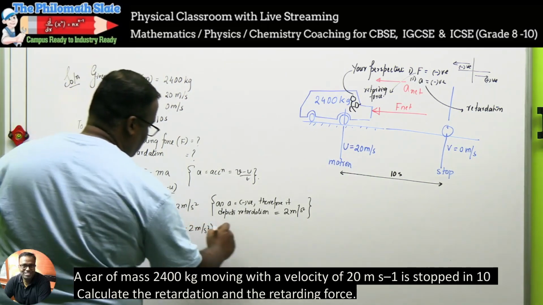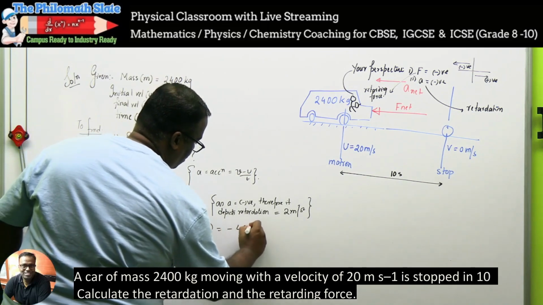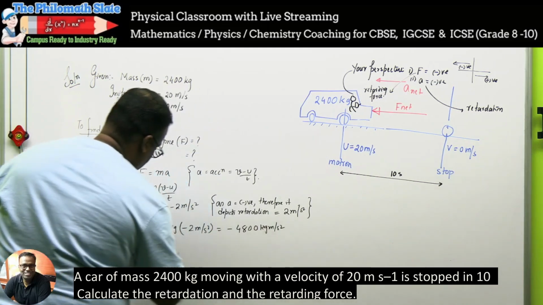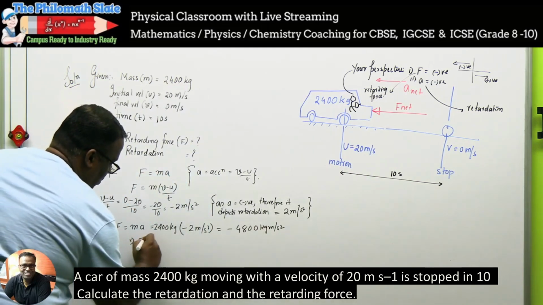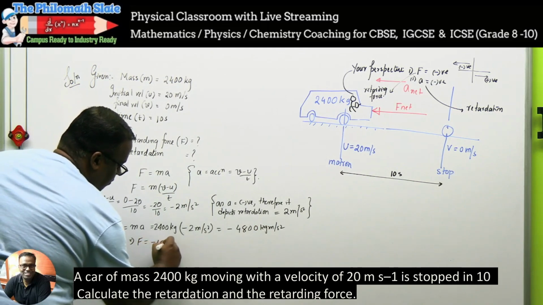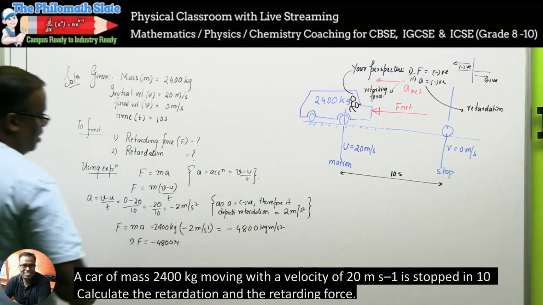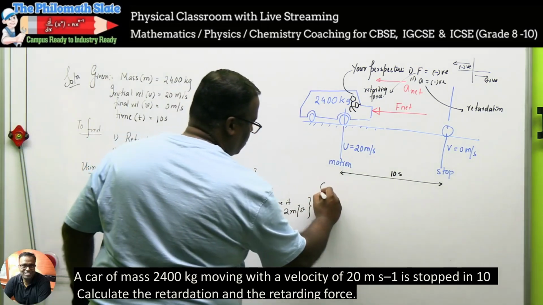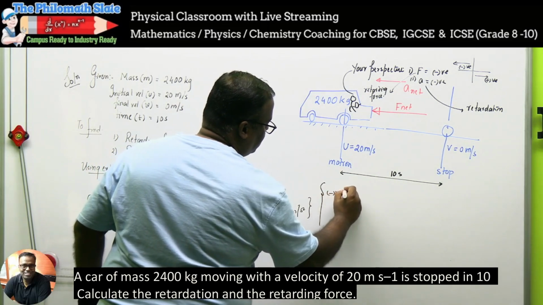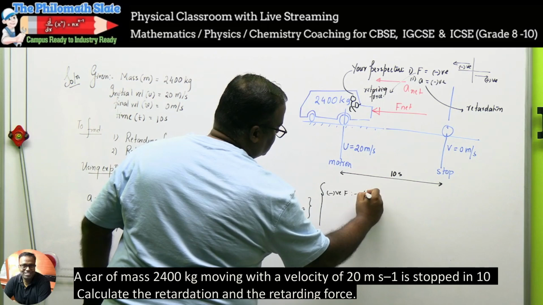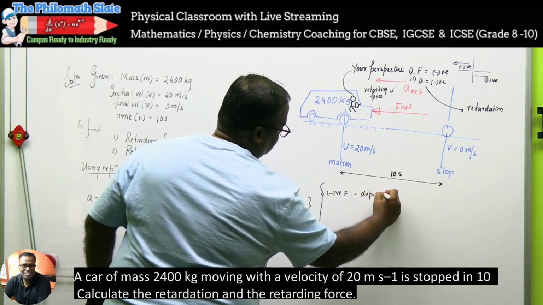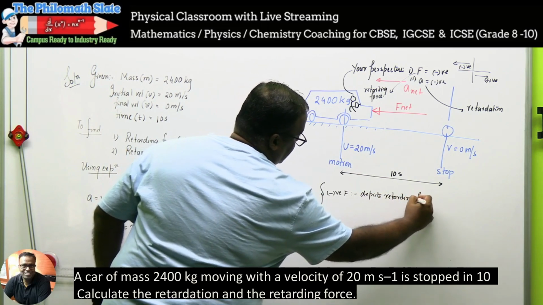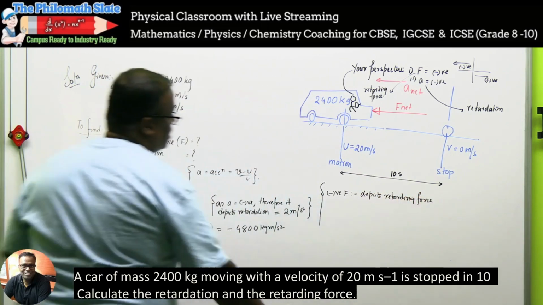You're getting negative 4800 kg meter per second square, and you write F is equal to negative 4800 Newton. Now you need to give an explanation. What is this negative? You write that negative F depicts retarding force. That is the force that is acting against the direction of motion.